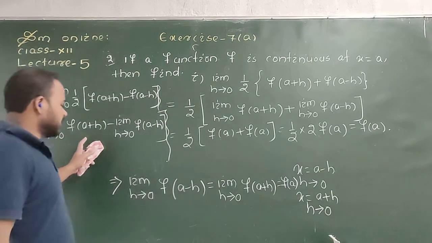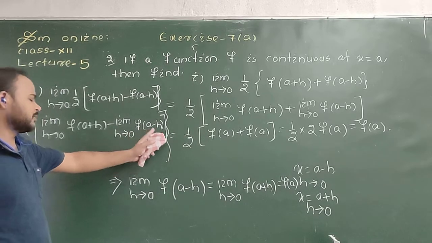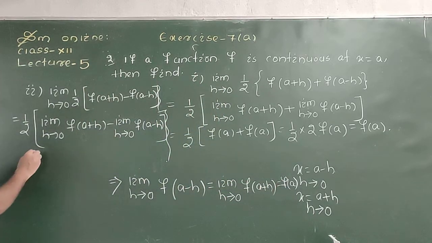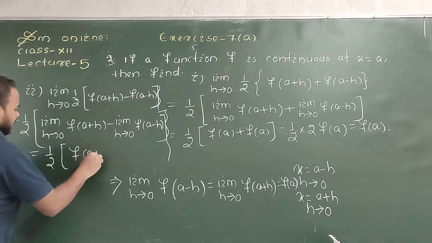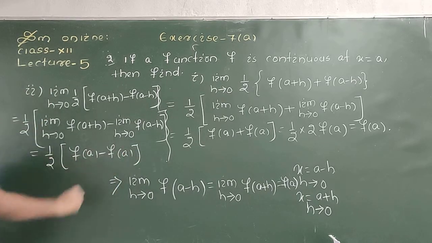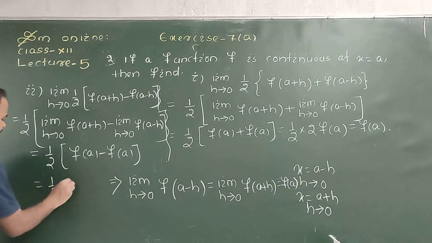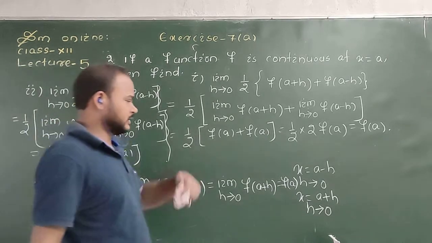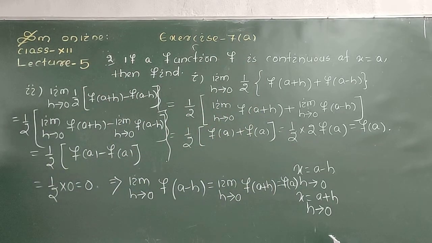Limit h tends to 0 f of a plus h has value f of a and limit h tends to 0 f of a minus h has value f of a. So half into f of a minus f of a, which equals 0. So half into 0 equals 0. Okay, this is the solution of this question.